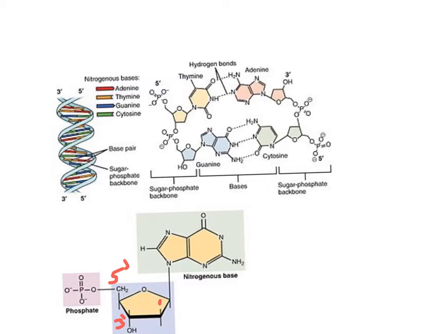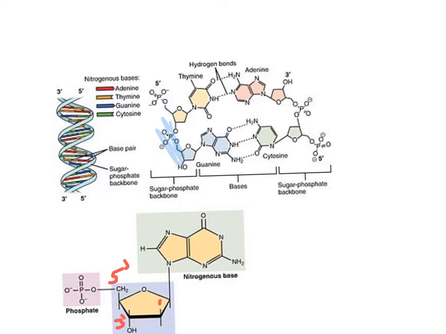When you look at a DNA molecule, there's a backbone represented again by this blue line. The ladders in the DNA that you see here represent the nitrogenous bases. This nitrogenous base, this nitrogenous base. So this has a sugar-phosphate backbone. It's called that because of the sugar and the phosphate that make up the structure.